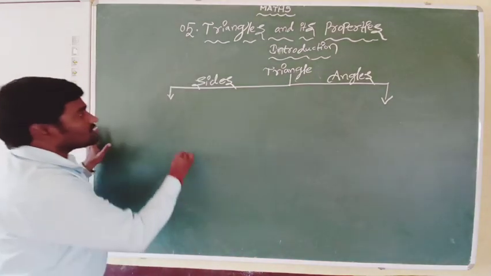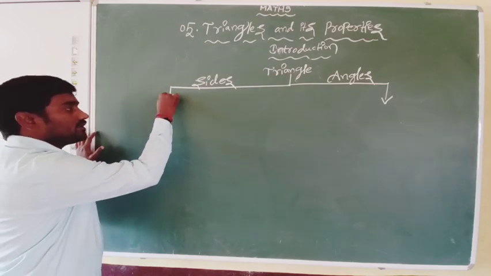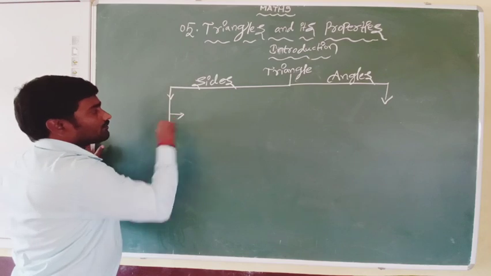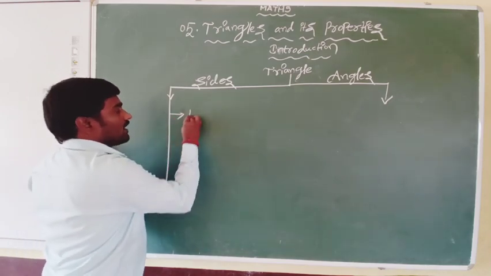Based on the sides, there are mainly three types of triangles. The first one is the equilateral triangle.